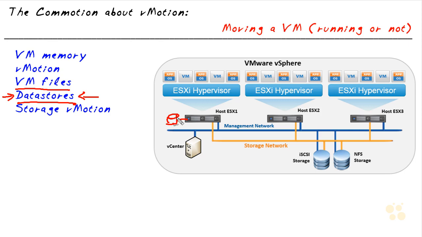So we have a locally attached hard drive on ESX1, maybe one over here on ESX2, and another locally attached hard drive on host ESX3. However, in most environments, if we have several ESXi hosts, most of those environments are going to use some type of a network-based storage device, such as an iSCSI-based data store or an NFS-based data store, to store the actual files for each of the VMs.